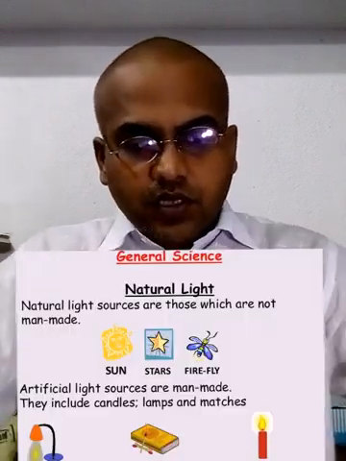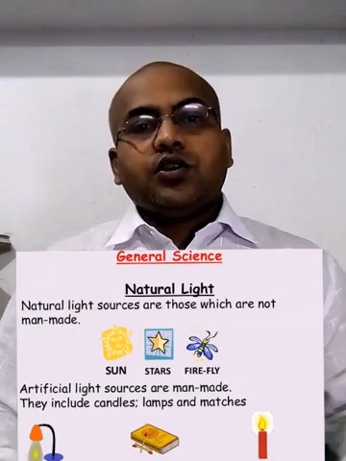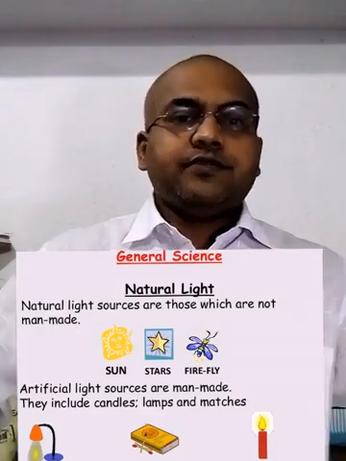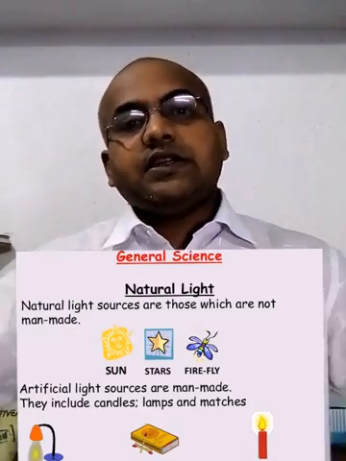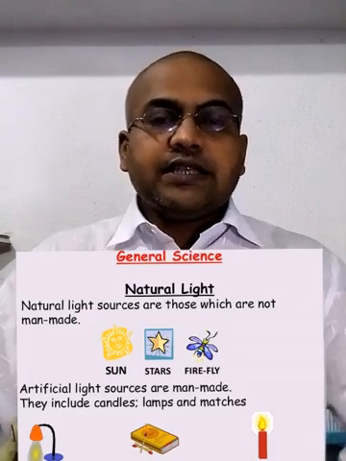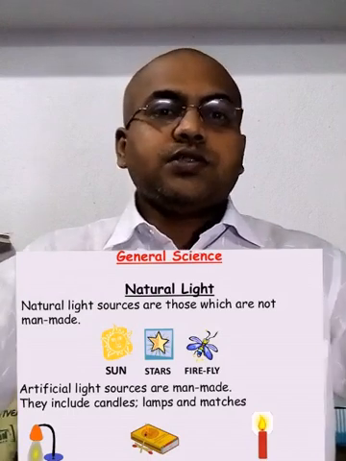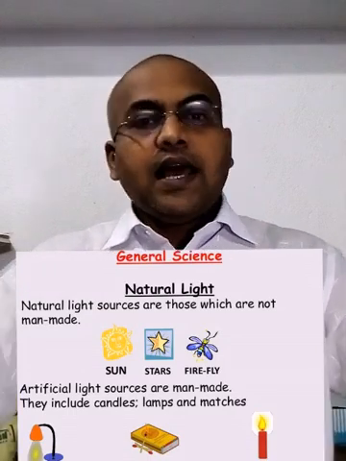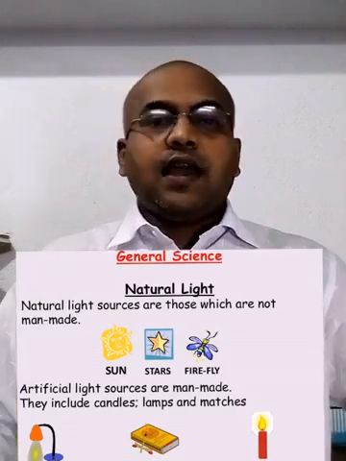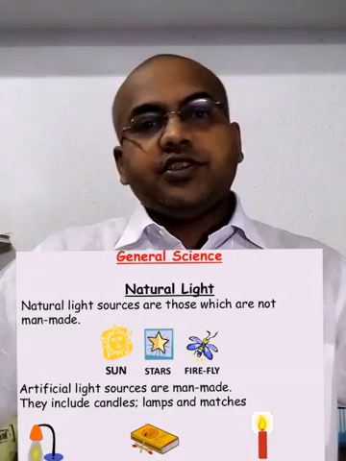And class, the sensation which helps us to see things is called sight or vision. This topic we discussed in the first lecture. Then in the previous lecture, or yesterday's lecture, we discussed that there are two types of sources of light: natural sources and artificial sources.